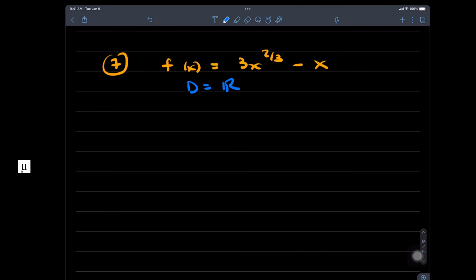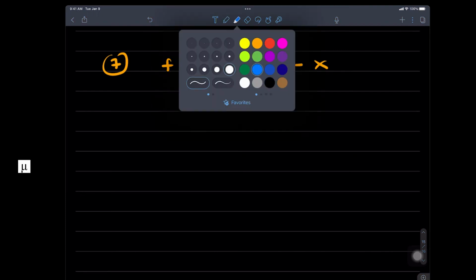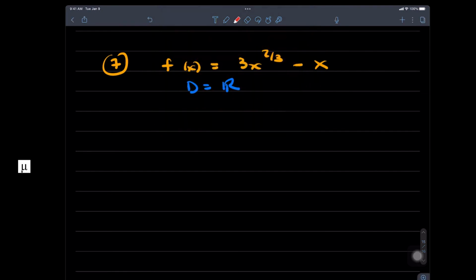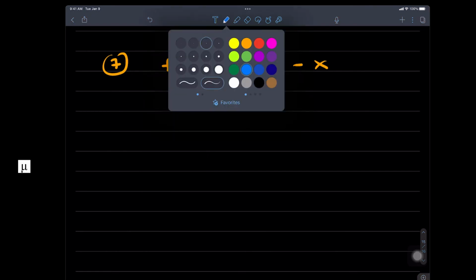Why is your domain all real numbers? This is something people overlook, because when you do sign analysis, you need to know the domain and any restricted domain. There's no restriction on x, because even if x is negative or 0, you could take the cube root of negatives and it's a real number. You take the cube root of 0, it's a real number. So, ladies and gentlemen, it's all real numbers.